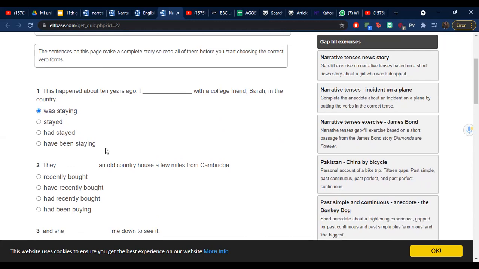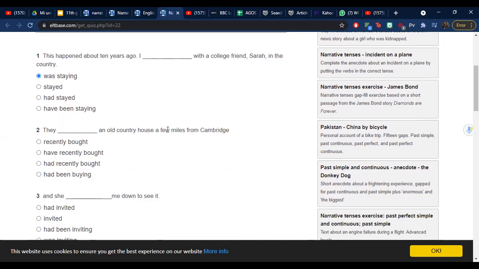When we want to give the story some context so the people can understand it, we usually go for the past continuous. If we continue here now: they an old country house a few miles from Cambridge. They recently bought, they have recently bought, they had recently bought, they had been buying. I would like to eliminate number 2 because that's the present perfect, so it doesn't work.